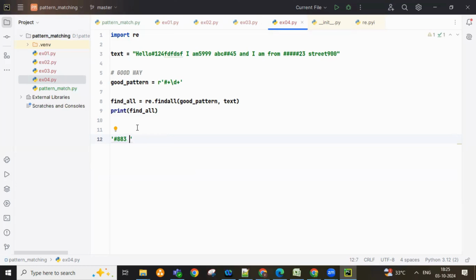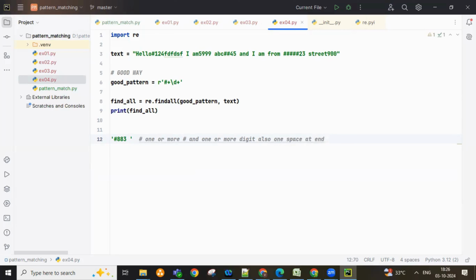So this time it can be one or more hashes, and one or more digits. You got it? One or more hashes, one or more digits should match, and also one space at the end.